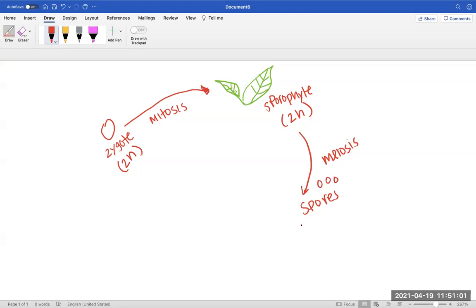And these spores are going to fall down and they're going to start growing. And that's a gametophyte. Is this diploid or haploid? Also the spore. Haploid. So this is 1N.